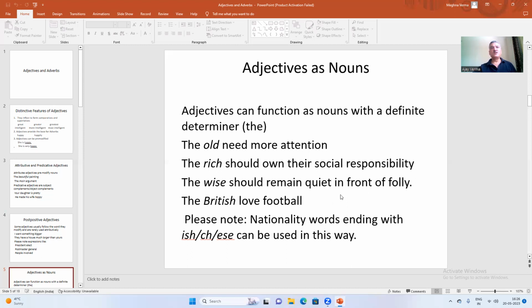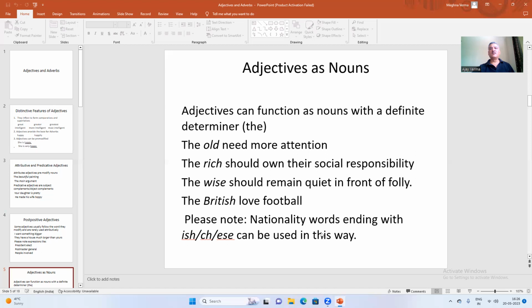And in addition to this, adjectives referring to nationality can also be used in a similar way. The British love football. So here, the term the British refers to all the British citizens.